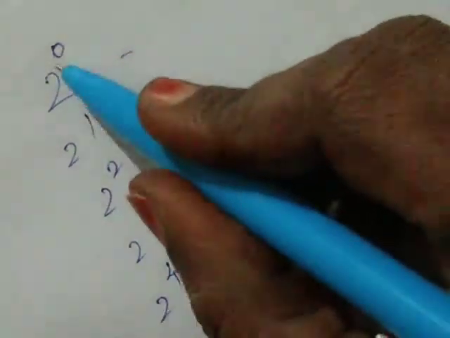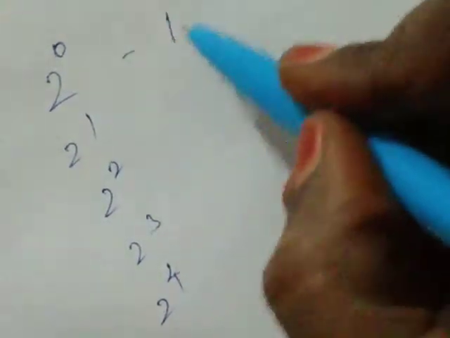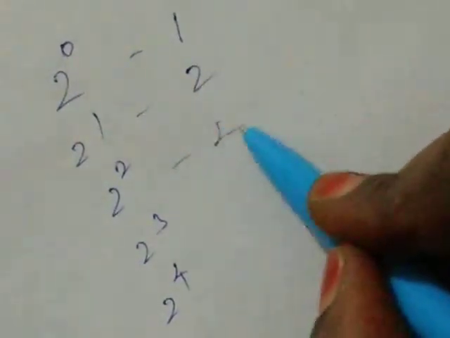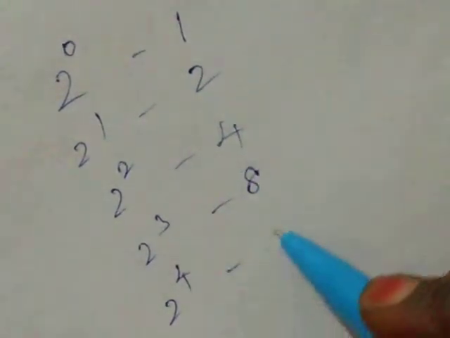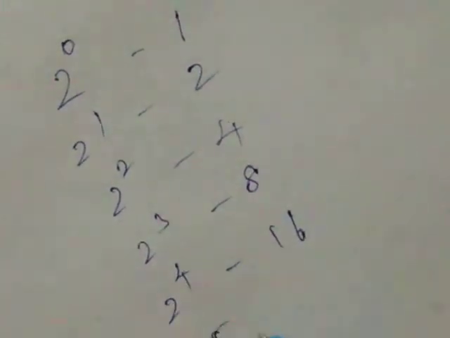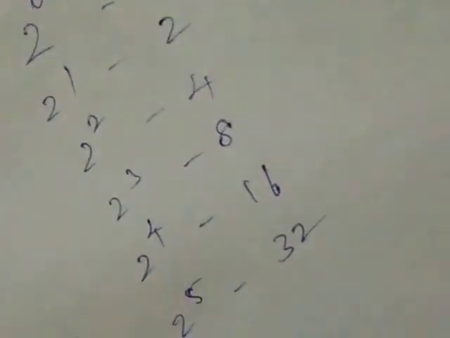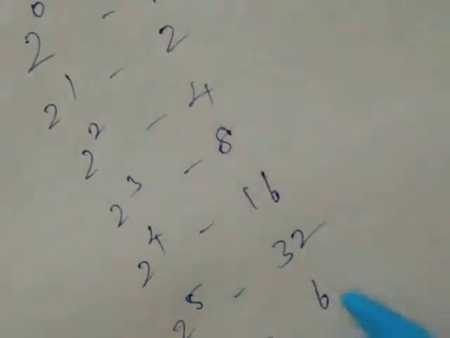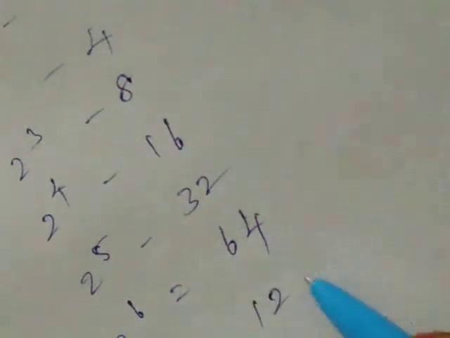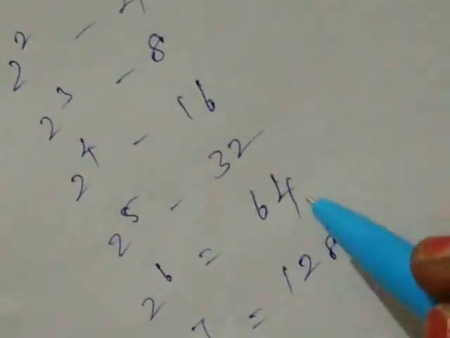Anything power 0 is 1, then 2, 4, 8, 16, 2 power 5 is 32, 2 power 6 is 64. 2 power 7 is 128. We have to take the number smaller than 65, so 64 first.